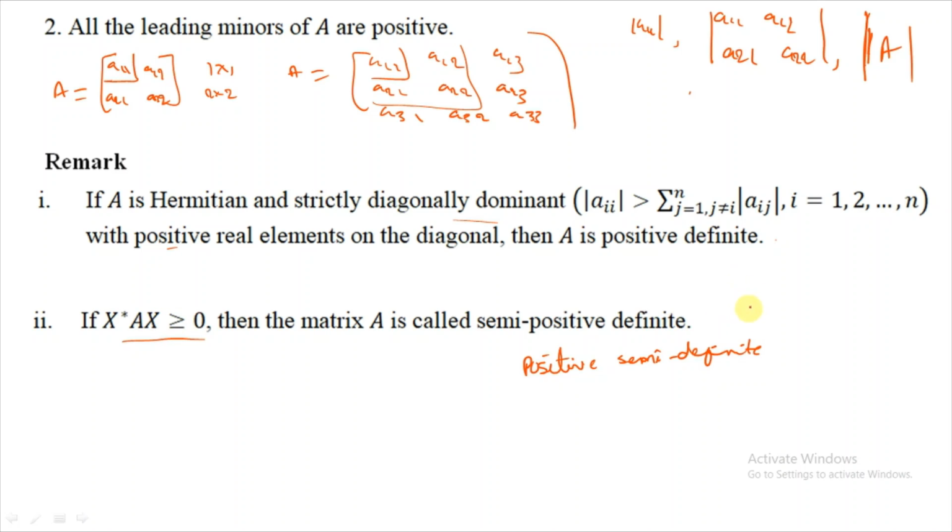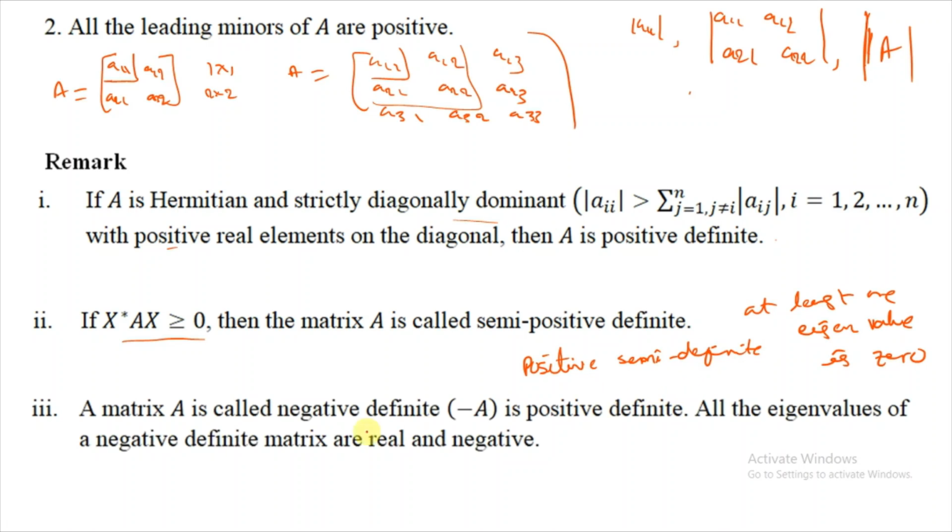For this one, semi-positive means at least one eigenvalue is 0. When you are finding the eigenvalues of that matrix, at least one eigenvalue is 0 and the remaining are all positive. You can say semi-positive definite or positive semi-definite.